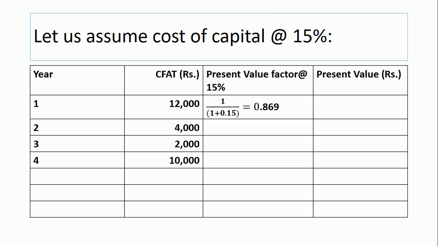Here also we require 4 columns: year, CFAT same as previous, PV factor at the rate of 15%, and the last column present value. Here 4 years, CFAT 12,000, 4,000, 2,000, 10,000. For present value we use 15%. 1 by 1 plus 0.15 is 0.869.